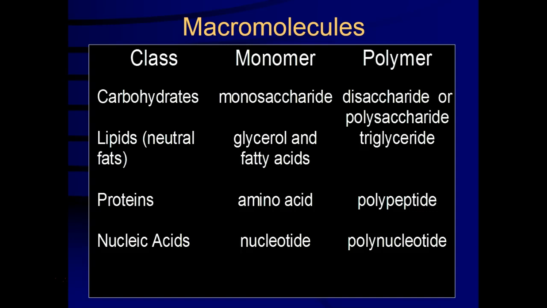When we look at animal fat or plant oil, we're going to find that those fats are composed of glycerol, which is 1 monomer, and fatty acids. So glycerol and fatty acids are the monomers that make the polymer, which we call triglycerides.